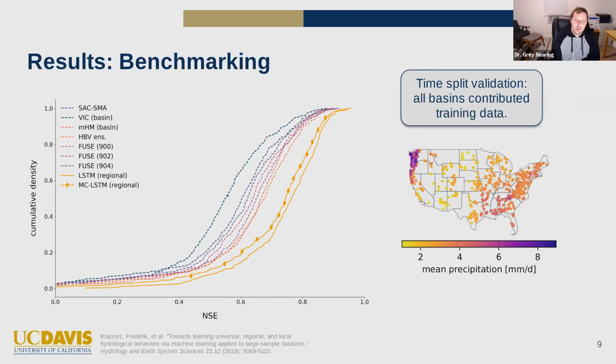So these were not run by us, and then we built the LSTM. What this is really telling us is that there's more information in the observation data that hydrologists have available than we are able to extract by using traditional methods.